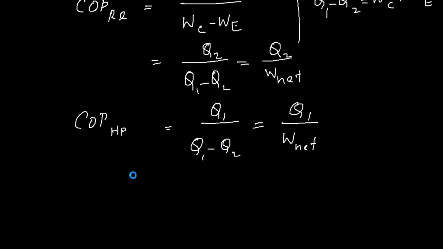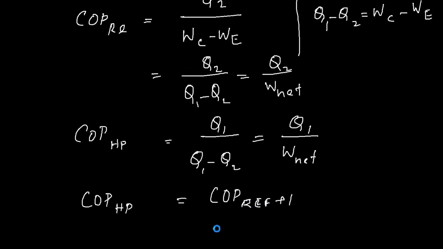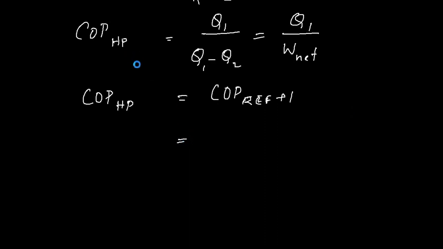Now, you can also show that the coefficient of performance of a heat pump is equal to the COP of a refrigerator plus 1. How will you prove that? It's just an easy thing. The COP of a heat pump is Q1 over Q1 minus Q2, and we say that's the COP of refrigerator plus 1. Let's see: the COP of refrigerator is Q2 over Q1 minus Q2, plus 1.